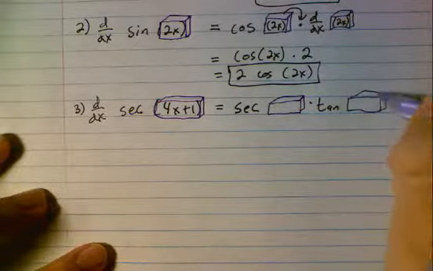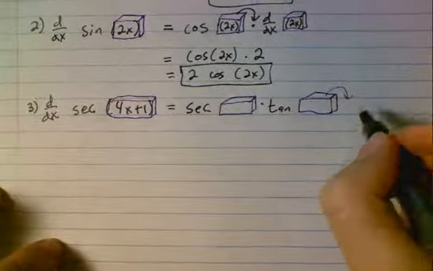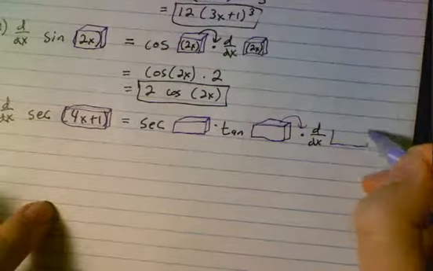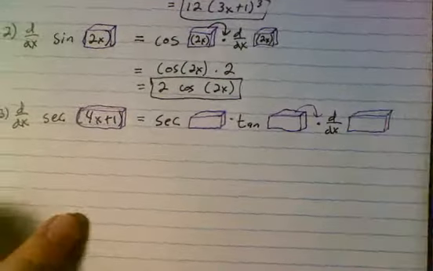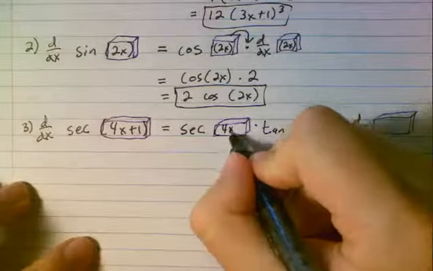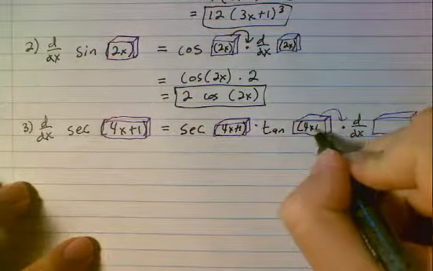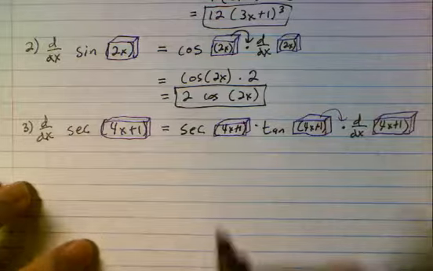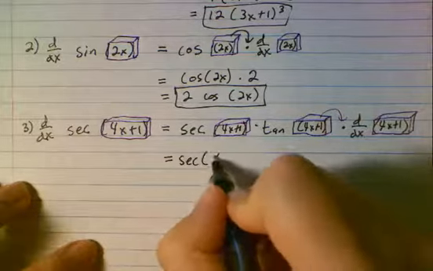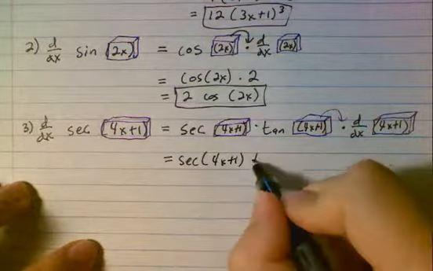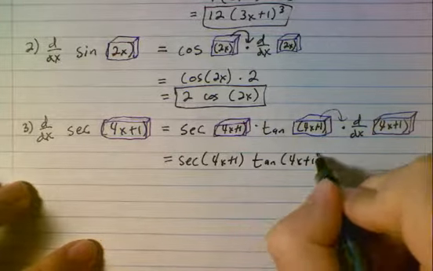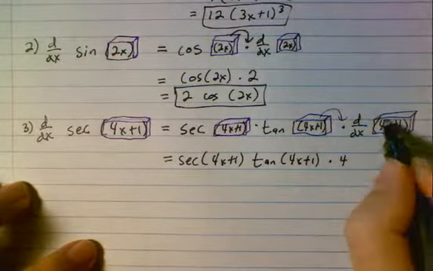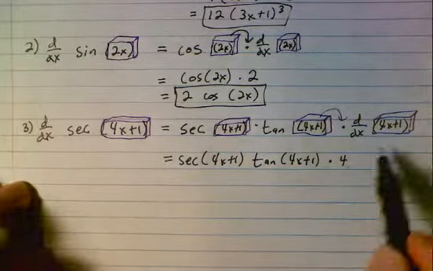And whatever's in our box, gotta come out and take the derivative. That was 4x plus 1. So we've got the secant of 4x plus 1 times the tangent of 4x plus 1, and the derivative of 4x plus 1 is just 4 from here, plus 0, so just 4.